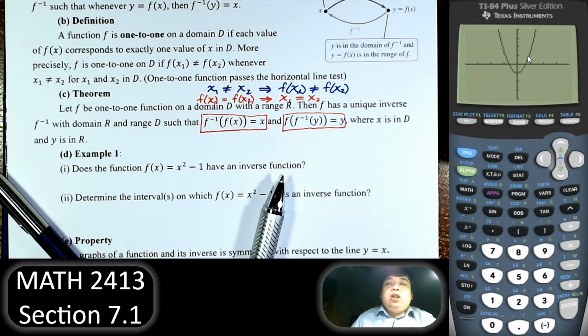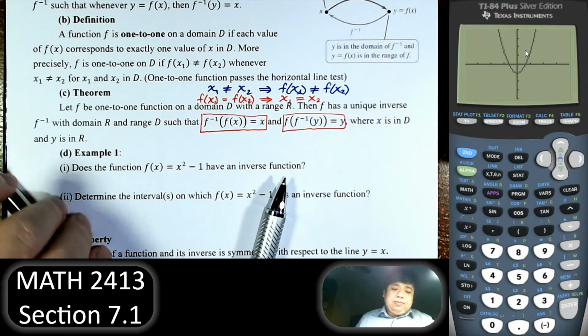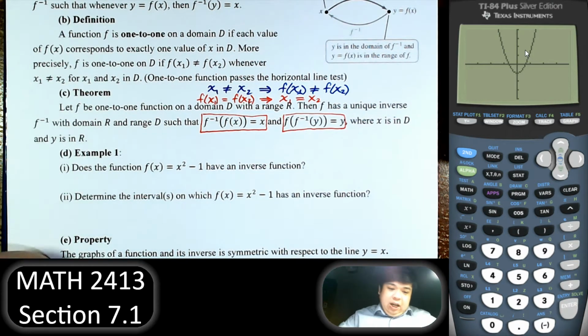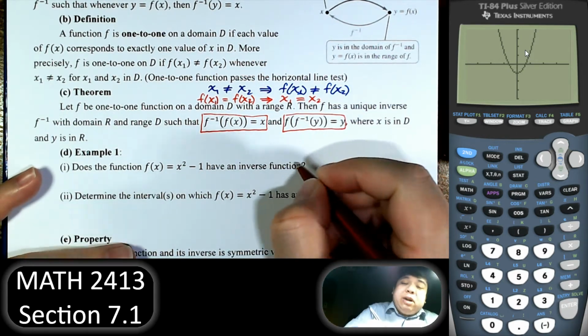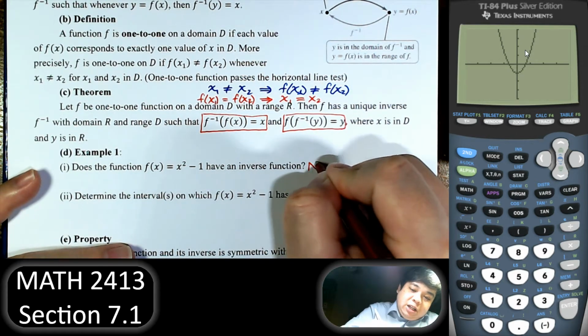If that is the case, then the function is not one-to-one, because we have different x values for the same y value. Right. So in that case, we just give a counterexample. So the answer here is no.